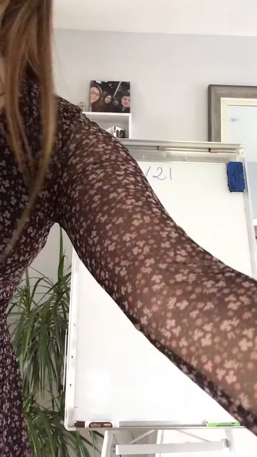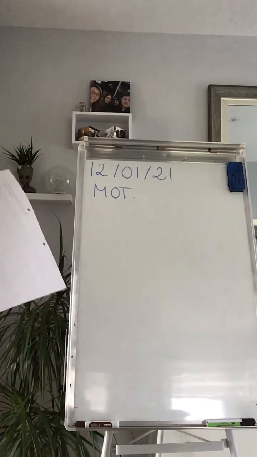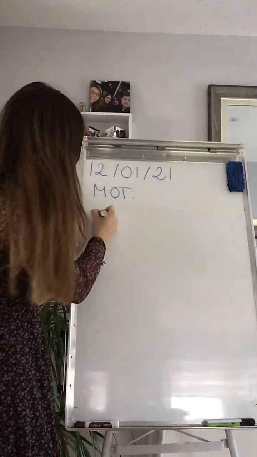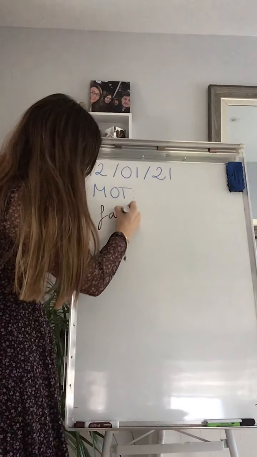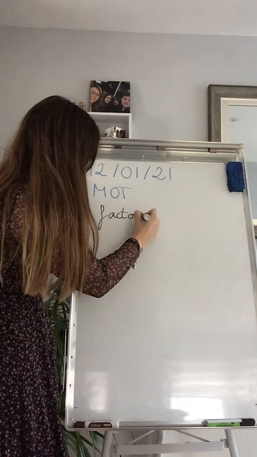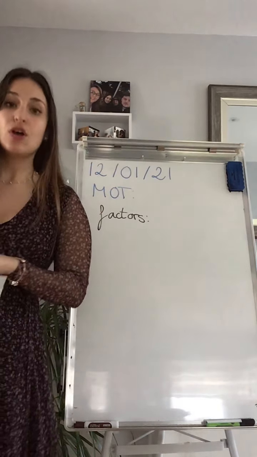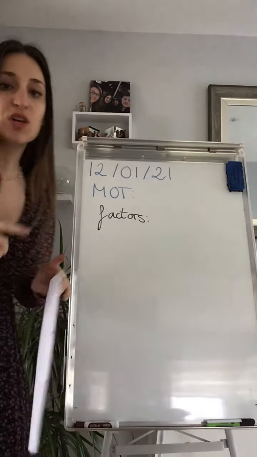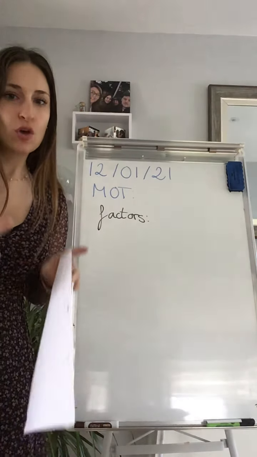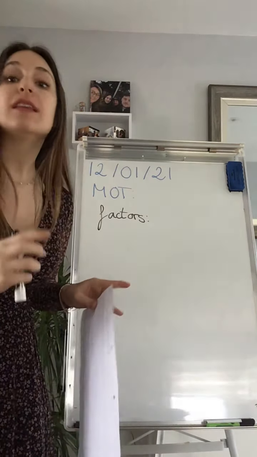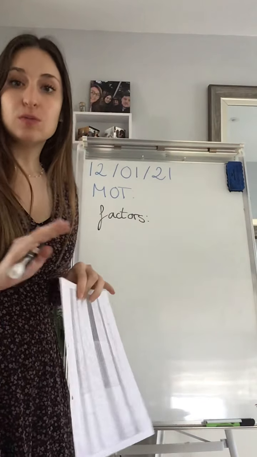Right, let me get our work ready. We are going to be looking at factors today. What was a factor? To find our prime numbers, we were looking the other day at the factors of each number, and if it had more than 2, it was not a prime number.